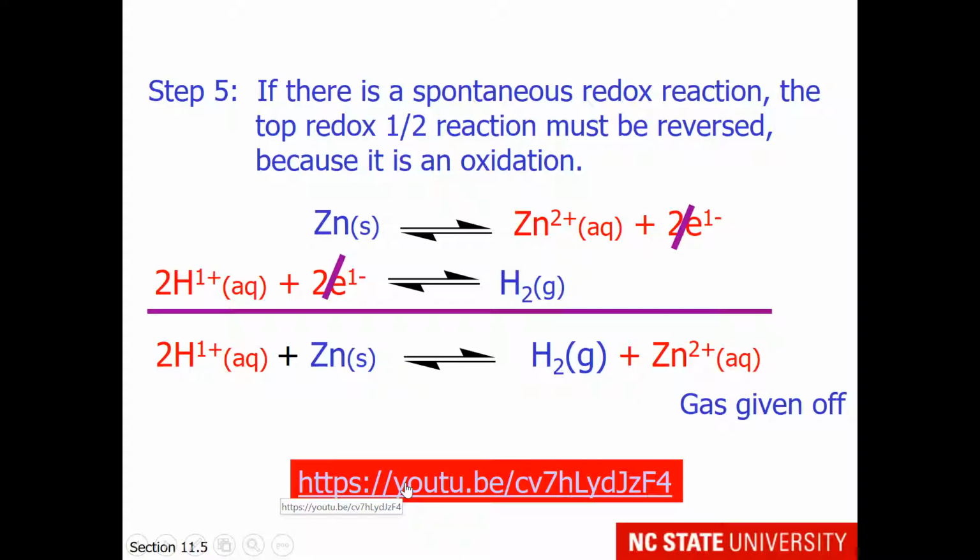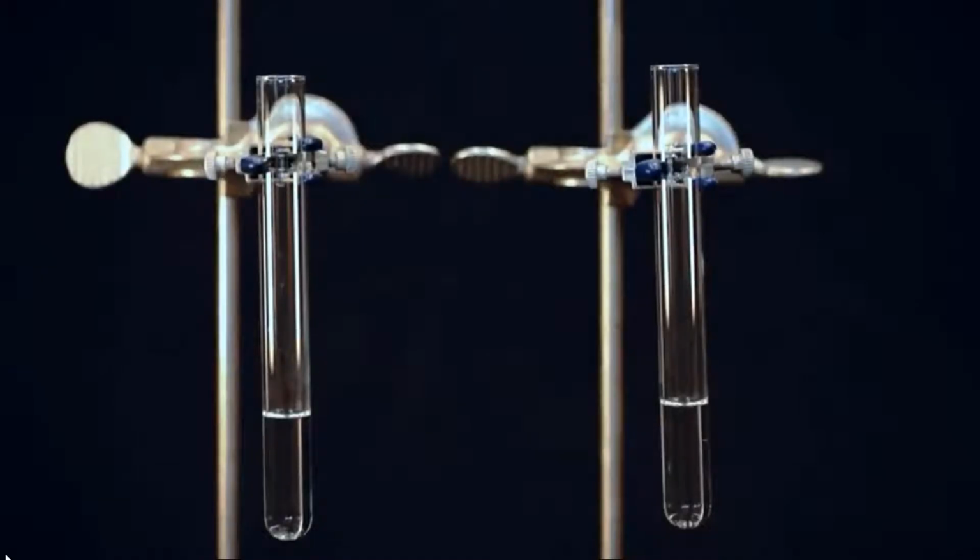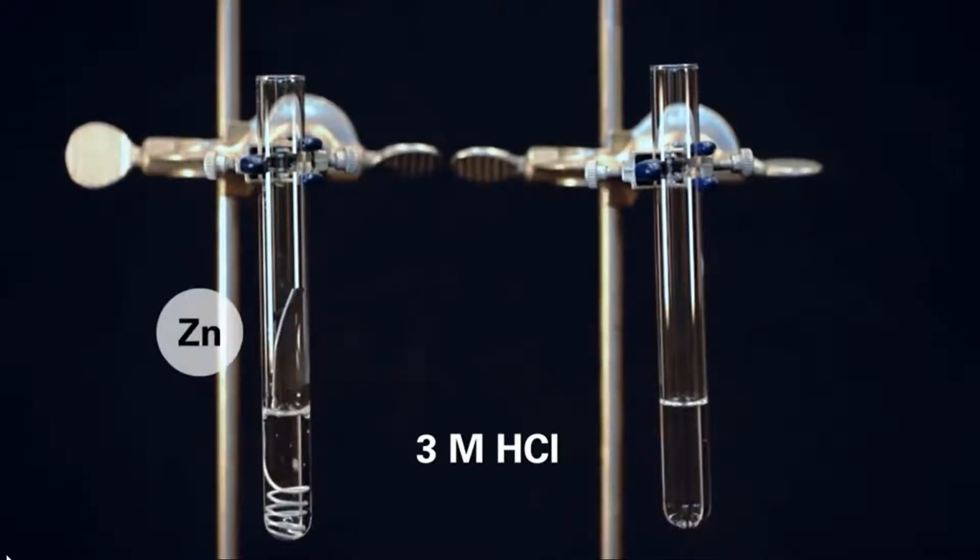How about a look-see? In this experiment, we have 2 test tubes of 3 molar HCl. Let's investigate the reactivity of each of these with zinc metal and copper metal.